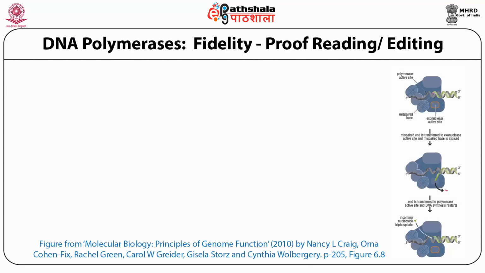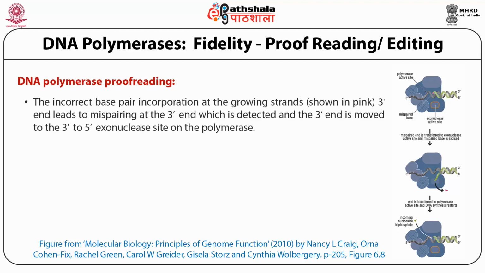This cartoon displays how DNA polymerase fidelity, or proofreading or editing, works. Here, as you see in the cartoon, the incorrect base pair incorporation at the growing strand, which is shown in pink, at the 3' end leads to mispairing, which is detected, and the 3' end is moved to the 3' to 5' exonuclease site on the polymerase.